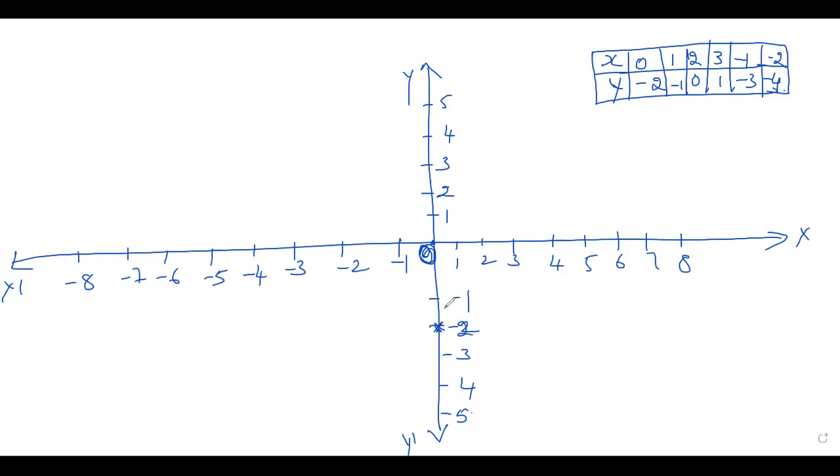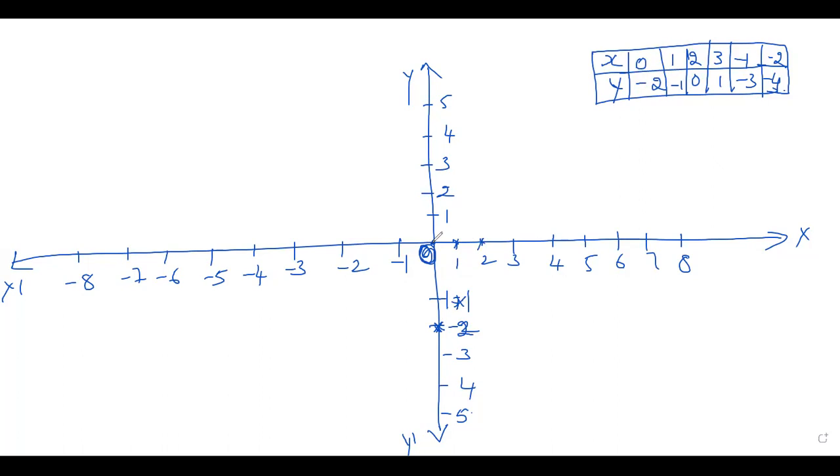You have to mark there. Next, see the next points. 1 and minus 1. x is 1. So see on the x-axis, it is 1 and y is minus 1. Again, mark here, children. Okay. Next 2, 0. x is 2 and y is 0.